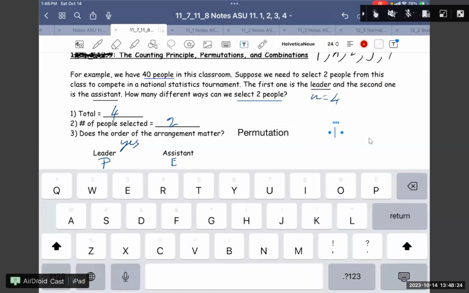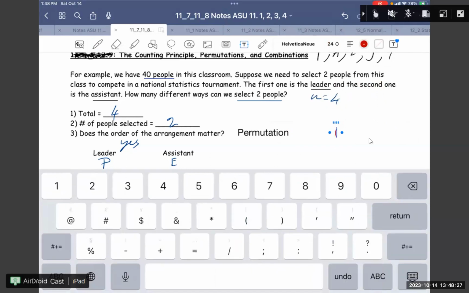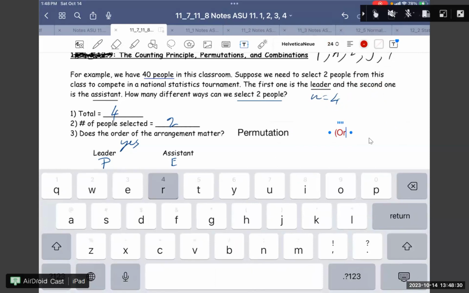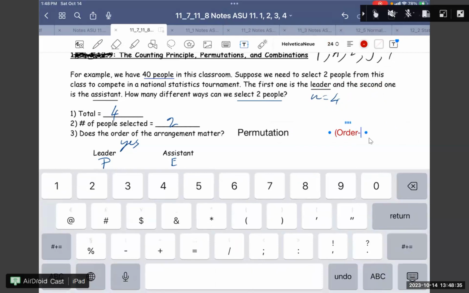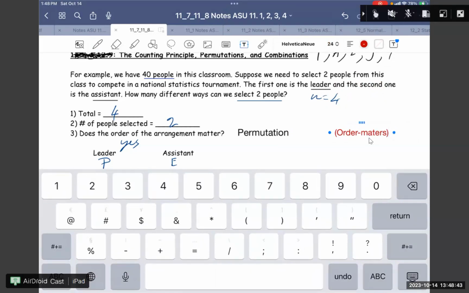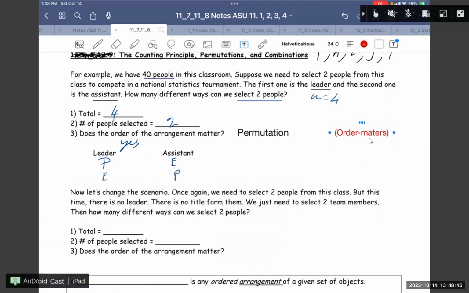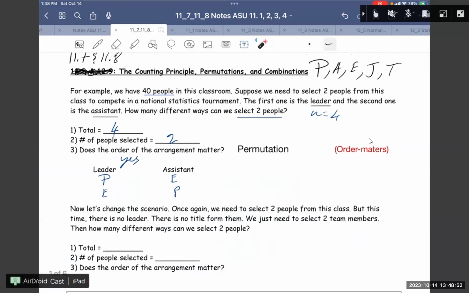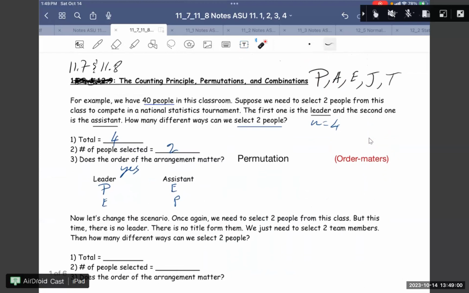So we have this order matters, because we need one person as leader, and one person is not the other. So yes, the order matters. Either one, because you could pick Pamela or Erica or Alexis or Aaron or Jessica or Tom.